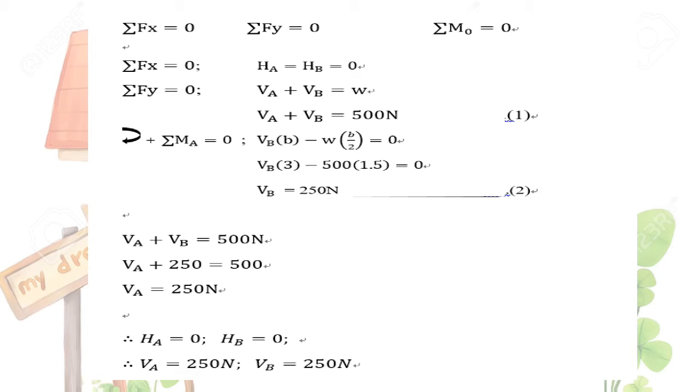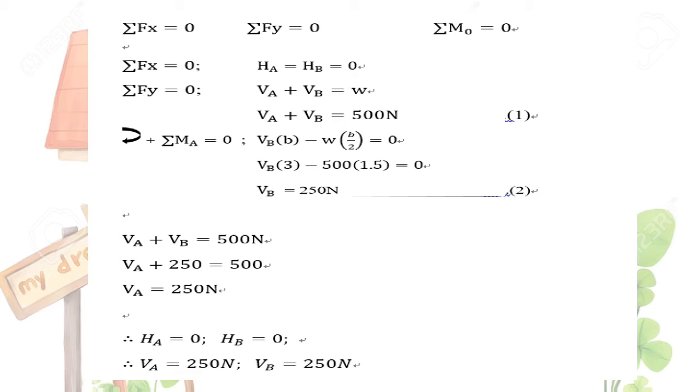The support reactions V and H can be determined by using these three formulas, that is, total Fx equals 0, total Fy equals 0, and total moment equals 0. First, let total left horizontal forces equal total right horizontal forces. Then we get HA equals HB.